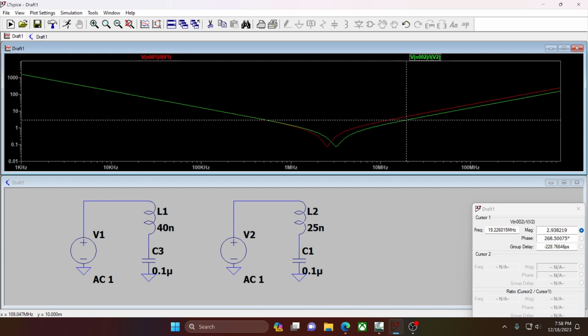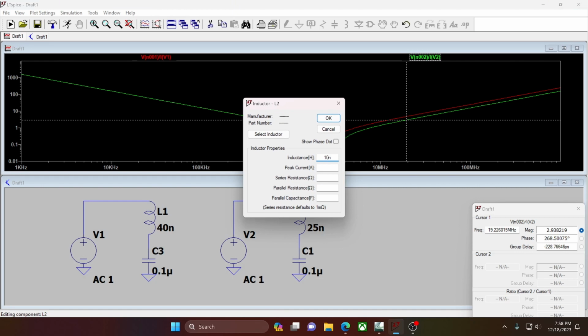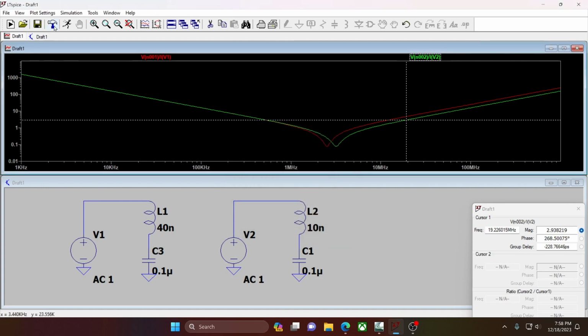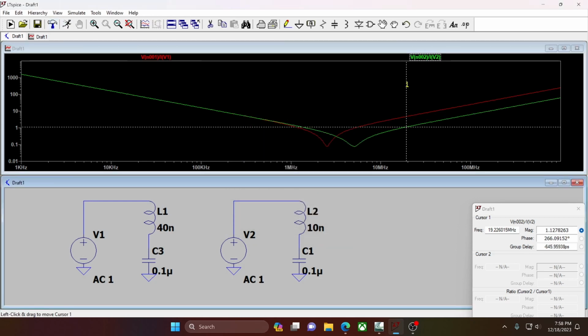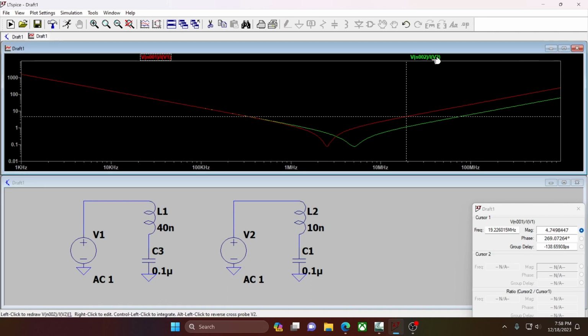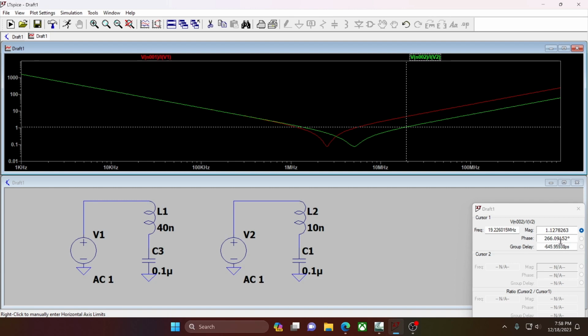So that's not a lot of inductance, and that makes a good bit of difference. So if we go down to 10, we do all the things right. Oh boy! 4.75, 1.13. So as you'll see when we get to the math, that counts.